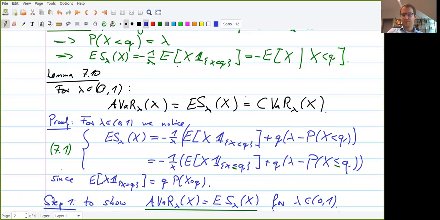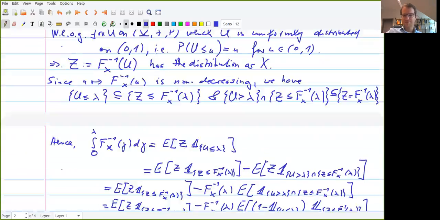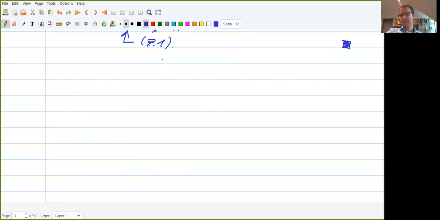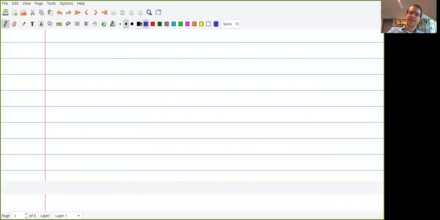But now I need to convince you that the objects I just introduced are indeed coherent risk measures, monetary risk measures. And what's a better way to convince you than proving it?